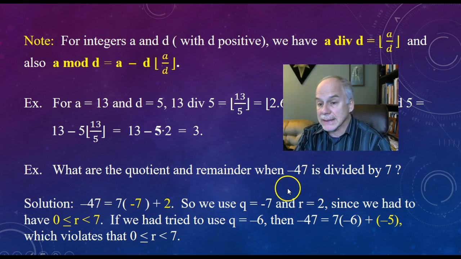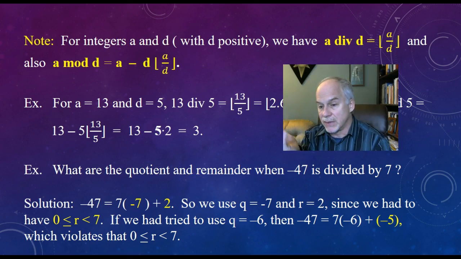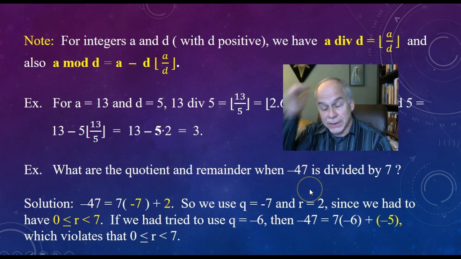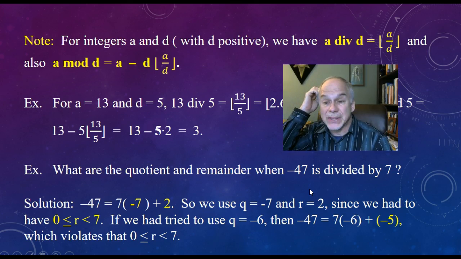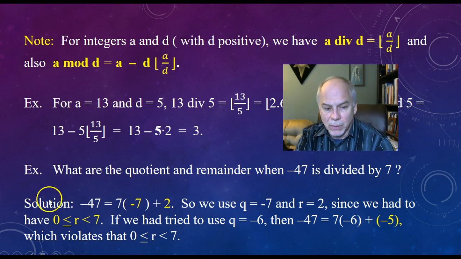But what's weird about this is you can't think of it as just positive 47 divided by 7, which of course would be 6 point something. So the quotient is not going to be 6. It's actually not going to be negative 6, it's going to be negative 7. And here's the reason why.